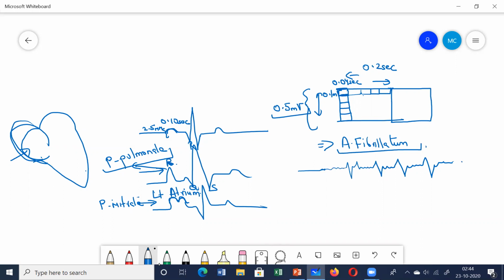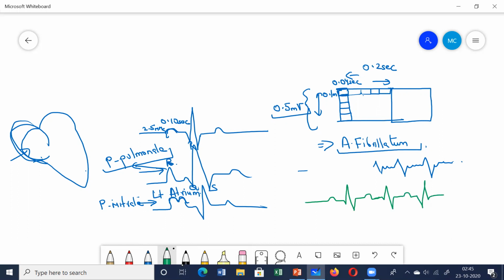Another abnormality: usually all the P waves are followed by a QRS complex. So normally this is what occurs.